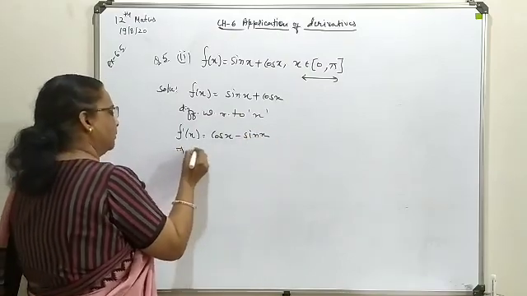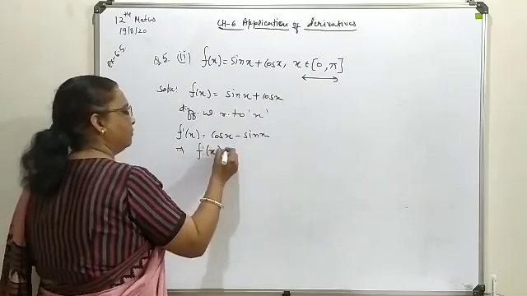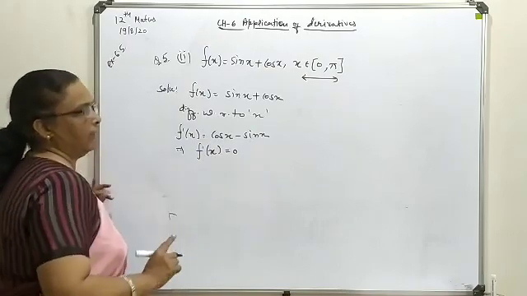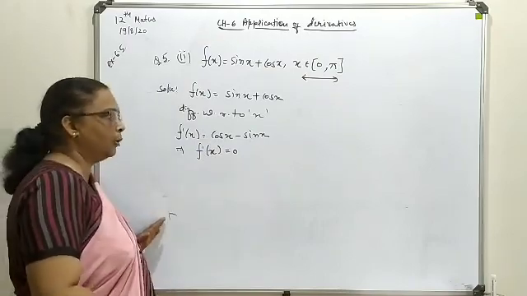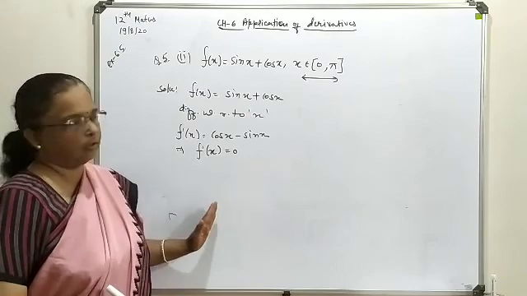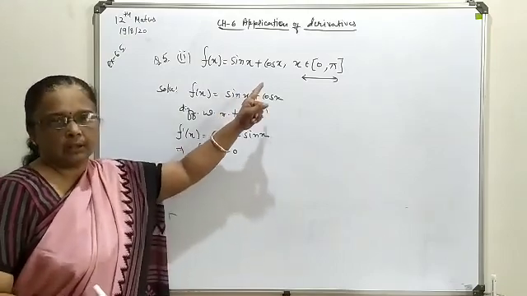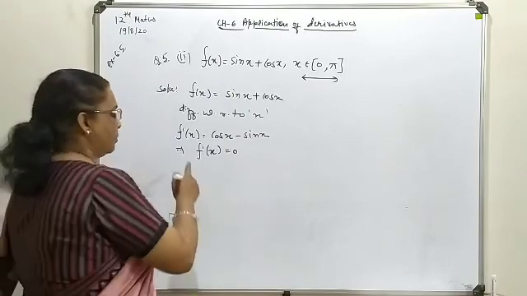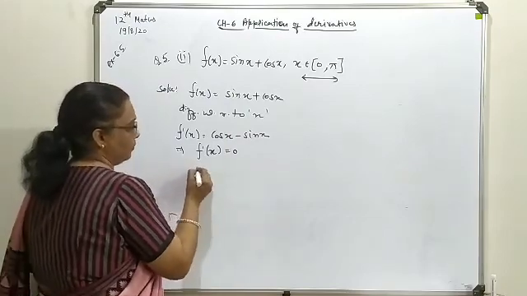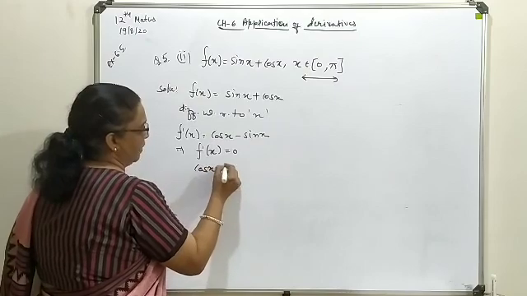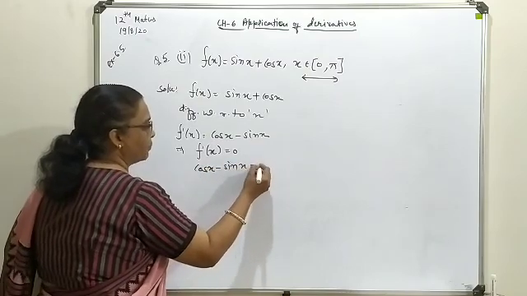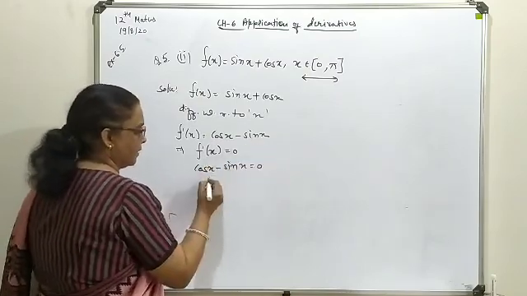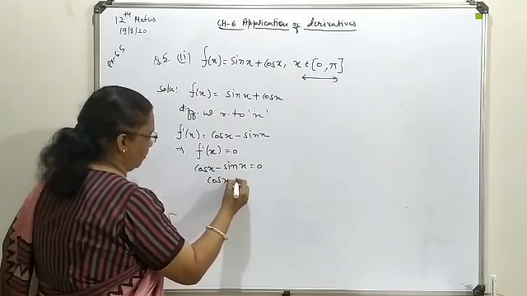As in the normal method, we put f dash x equal to 0 for the x solution, and one thing to keep in mind: while writing the x solution, it should lie within the given interval 0 to pi. So this is cos x minus sin x equal to 0. Shift this sign to that side and convert in the form of tangent.